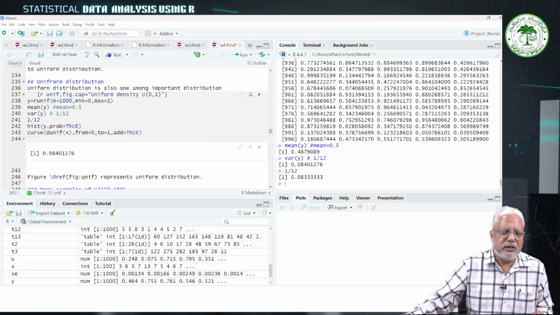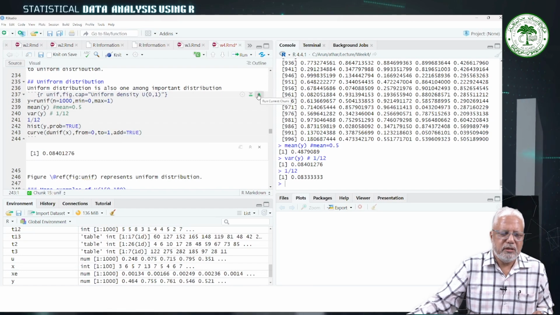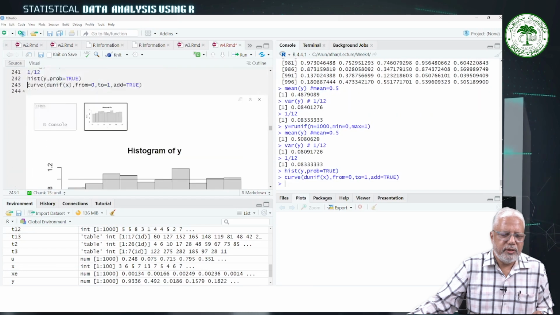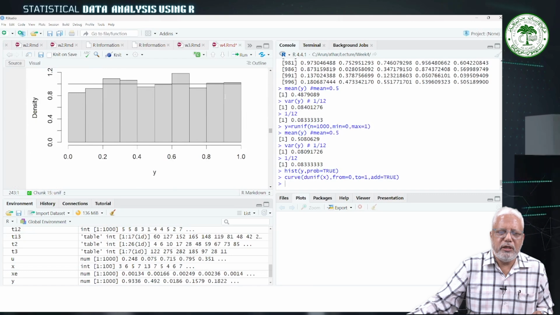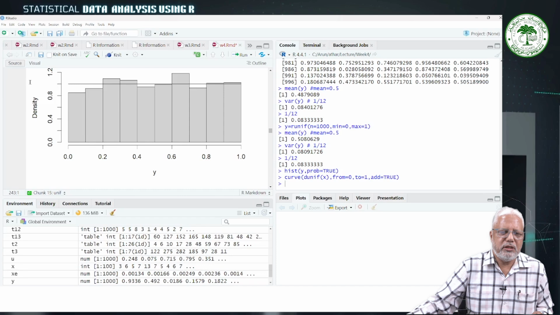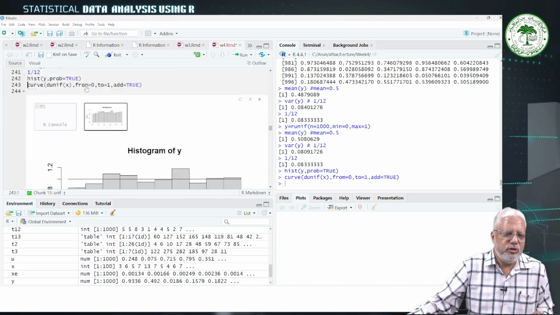If we run this command, see what kind of graphics we are getting. This histogram has been made on simulated data, and this is the exact curve. So both are matching, and that means our simulation is correct.